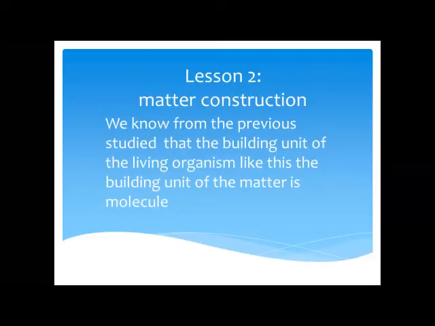In lesson 1, we talked about matter and its characteristics, and we know that some characteristics are physical characteristics and chemical characteristics.